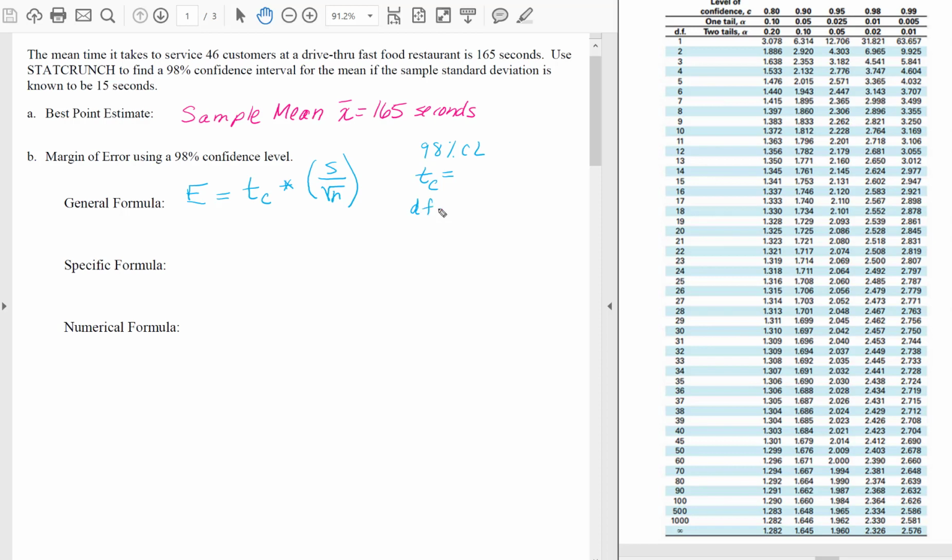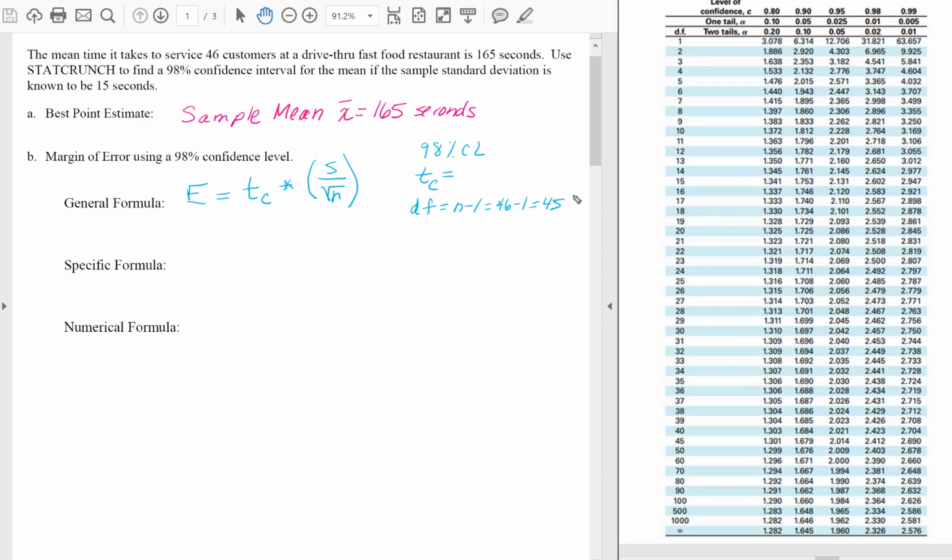So our degrees of freedom is going to be n minus 1, our sample size minus 1. Since our sample size is 46, 46 minus 1 is going to be 45. So our degrees of freedom is 45.